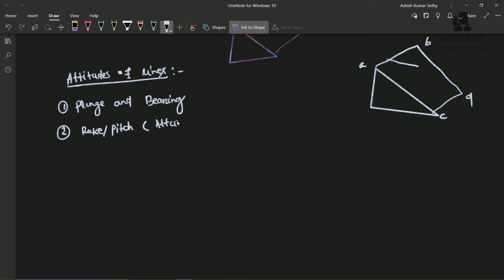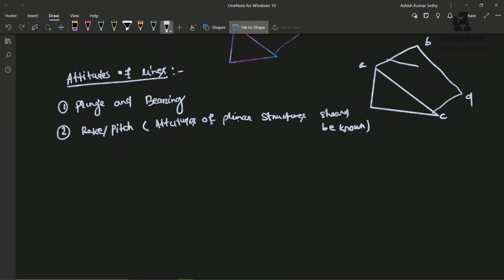If the attitude of the planar structure is known, then by measuring only the rake and pitch, there will be no need to measure plunge or bearing, so you can easily specify that lineation.